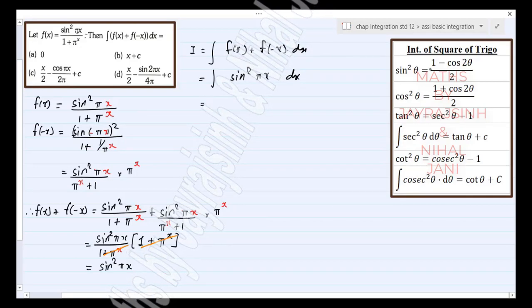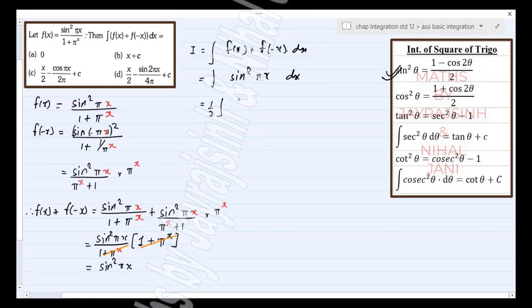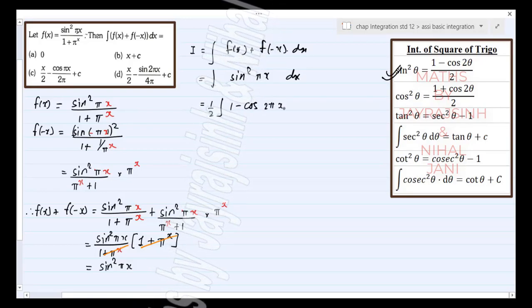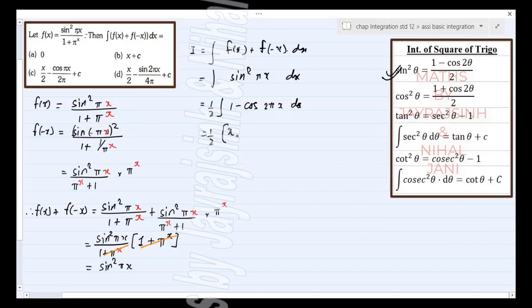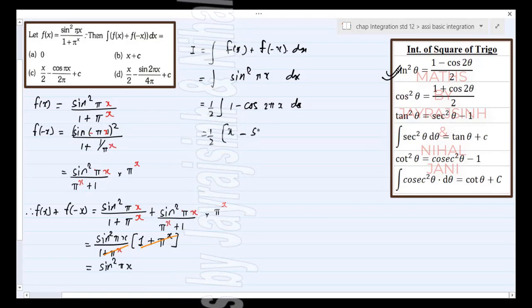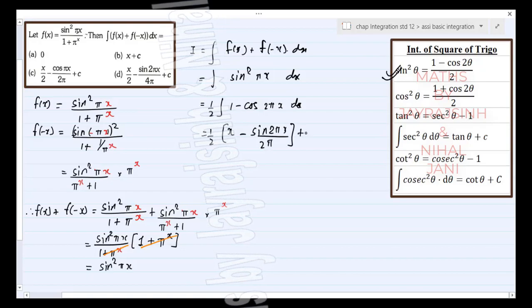And as we know, whenever we have integration of sin square theta, we should convert it into 1 minus cos 2 theta by 2. So let's take 1 by 2 outside, 1 minus cos double the angle, or we can say 2 pi x, dx. So integration of 1 will be x, and integration of cos 2 pi x will be sin 2 pi x upon the coefficient of x, which is 2 pi, plus c.